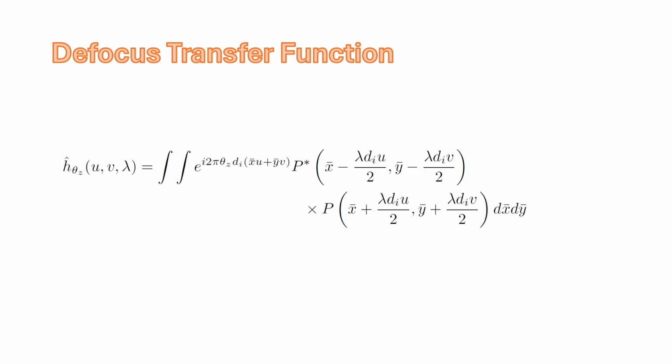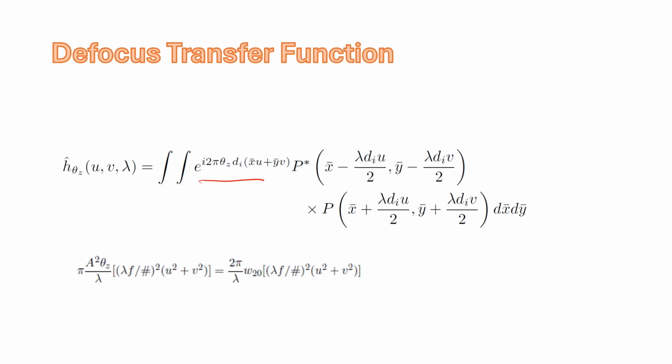We can also use the optical transfer function definition that we talked about in episode 49, where the transfer function is the autocorrelation of the pupil function, but we add this defocus term as an aberration. So you can think of the defocus as effectively part of the pupil function, and adding that aberration allows us to derive the transfer function in the defocus plane.